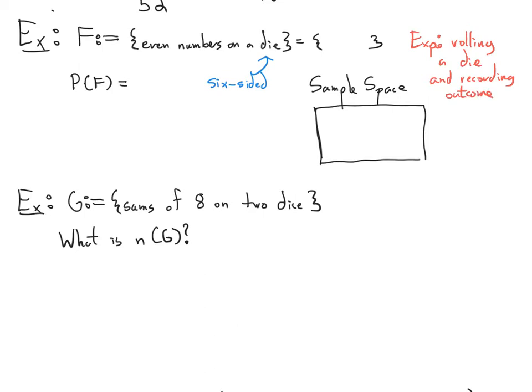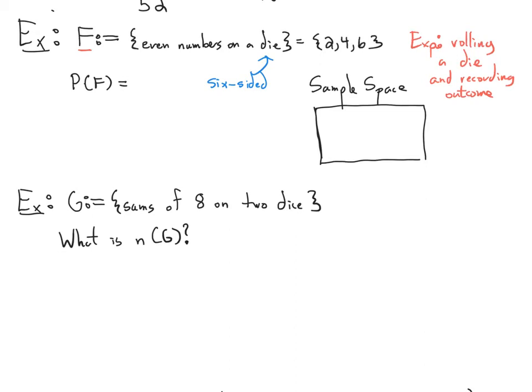So let's say we have the event F. What we're interested in is when the number on the die is even. And of course, there are 3 even numbers, 2, 4, and 6.